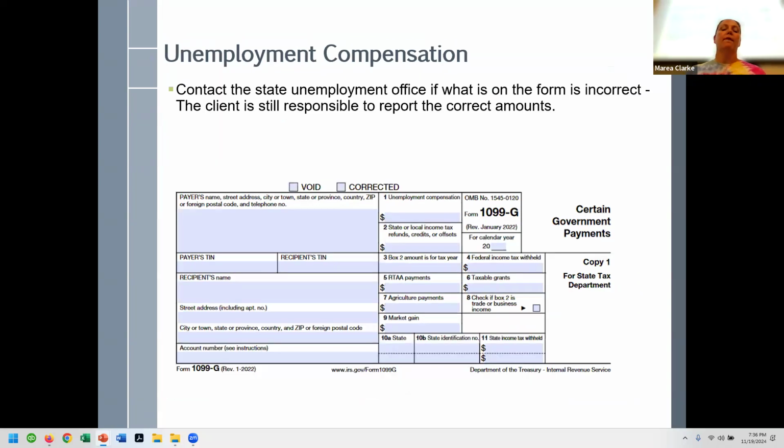If somebody thinks that the amount is not right, we cannot fix it for them. We can't fix any of these income documents, right? And the IRS has these income documents, so ideally, we really want the numbers to match. The best thing for them to do if something doesn't match is to go back to whoever gave them that money and try to fix it there.